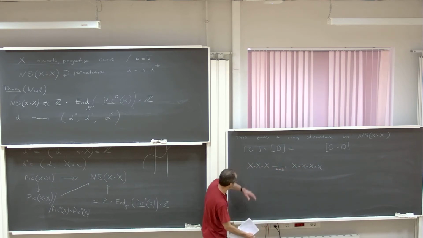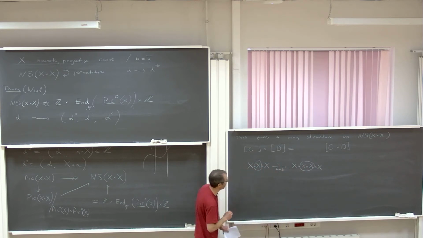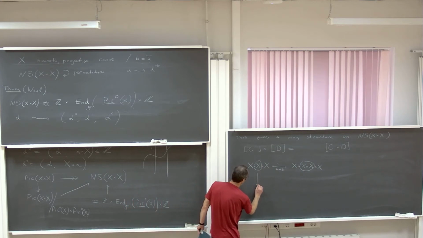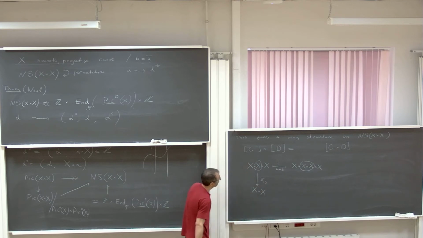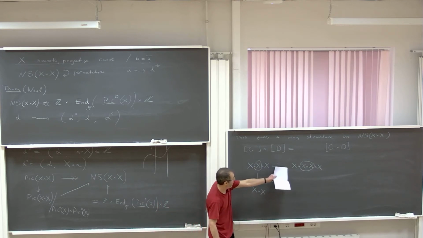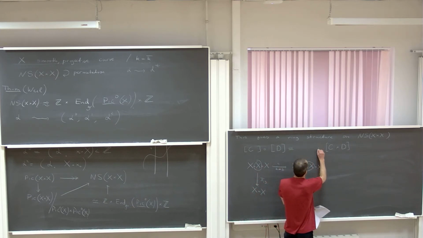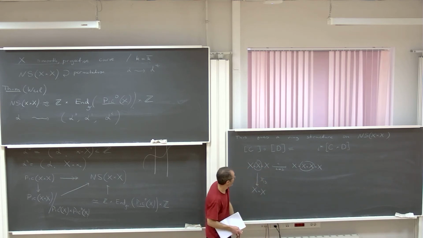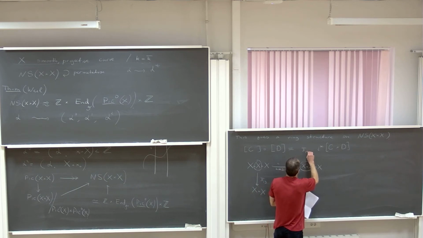So you simply embed x into x times x as the diagonal. And then you also have the projection to these two factors, and this is pi 1, 3. What you do, you take this cycle, pull it back, intersect it with this diagonal, and then take its push forward. Okay?